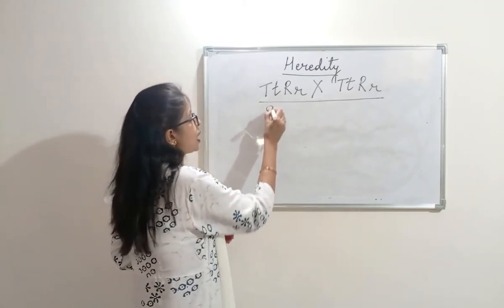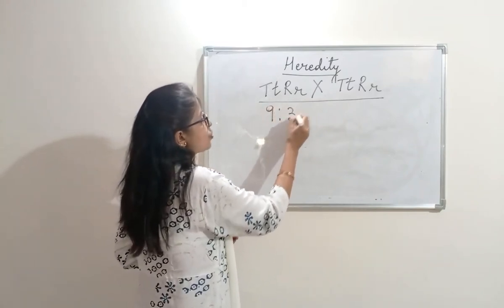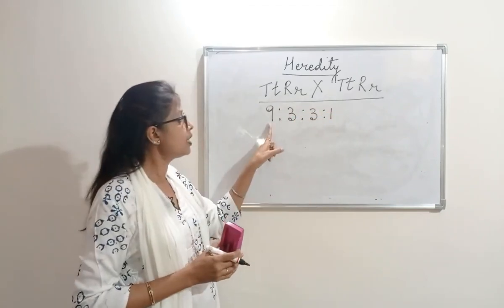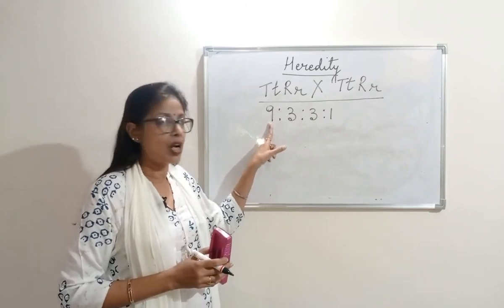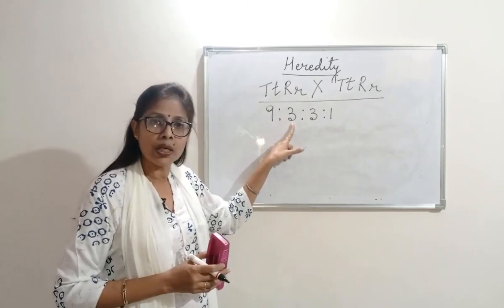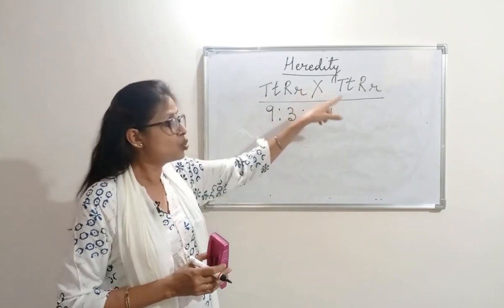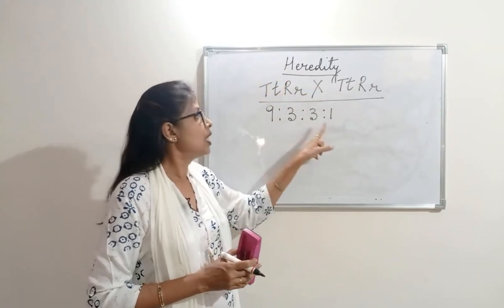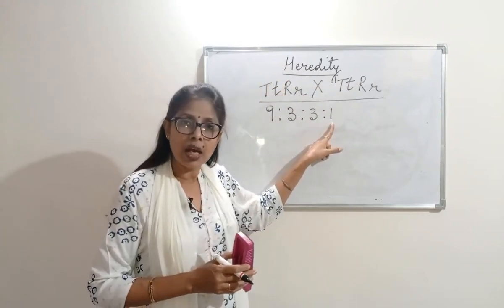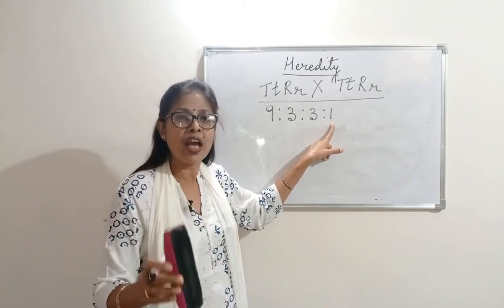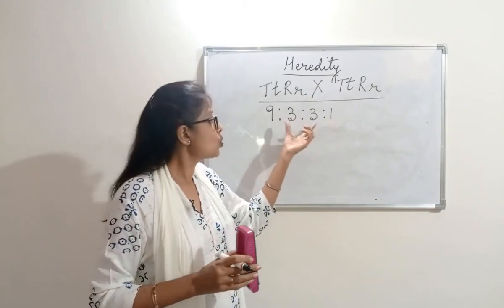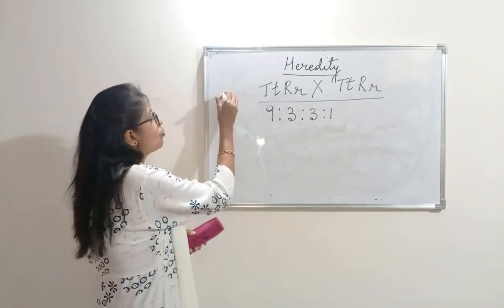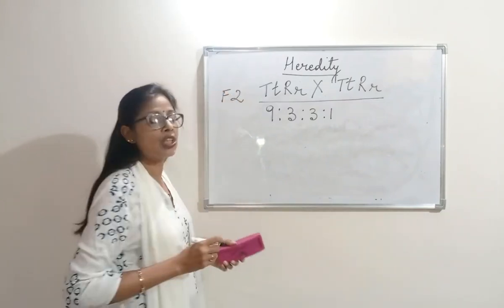The ratio obtained was 9 is to 3 is to 3 is to 1. That means 9 were tall and round, 3 were tall and dwarf, 3 were dwarf and round, and 1 was dwarf and wrinkled. So there was a recombination. This is what was shown in F2 generation.